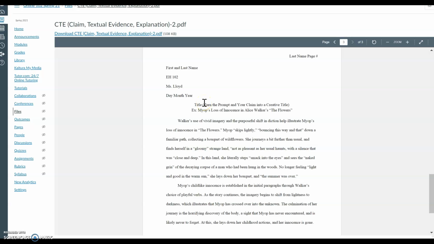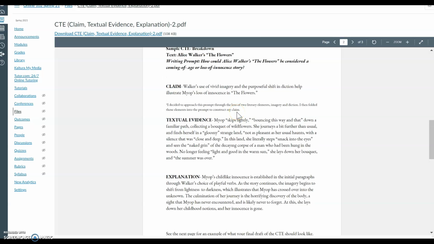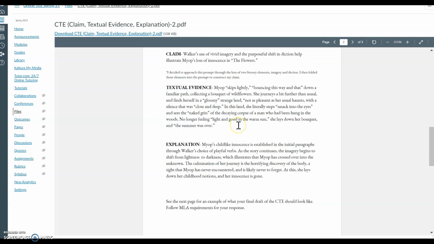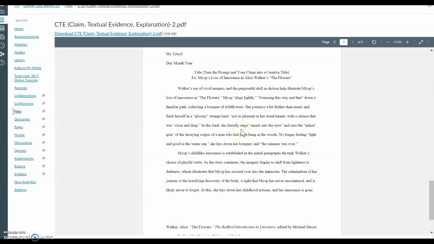Then you have your title, and for these CTEs you can just take the prompt and turn it into a creative title. Mine for The Flowers was My Applause of Innocence in Alice Walker's The Flowers. And then I just take that formula that I used when I broke down the claim, textual evidence, and explanation, and I turned it into two paragraphs.